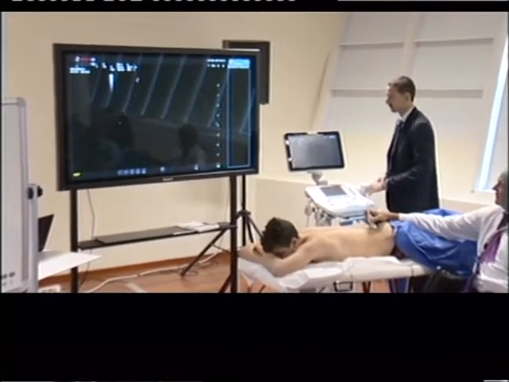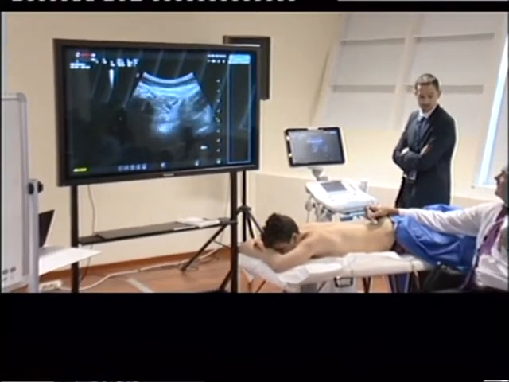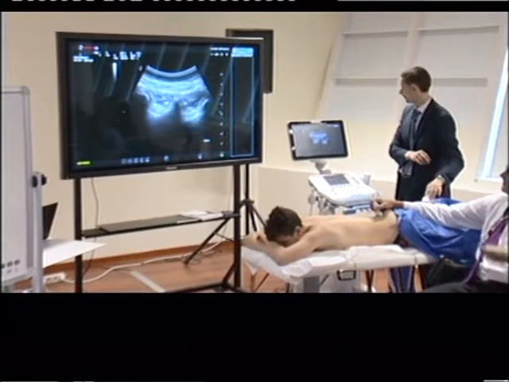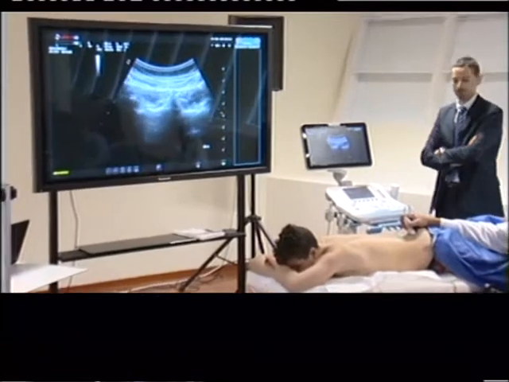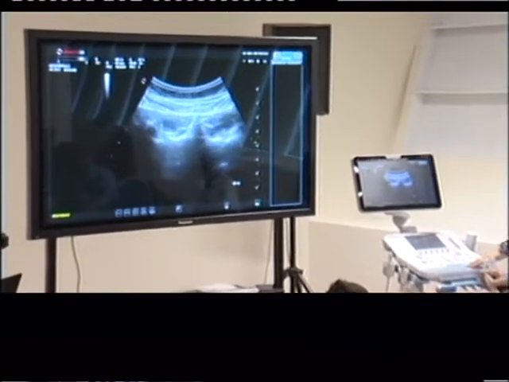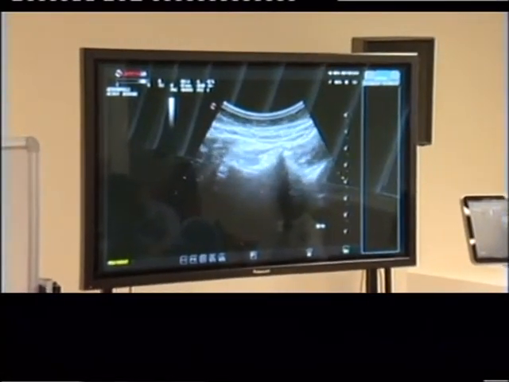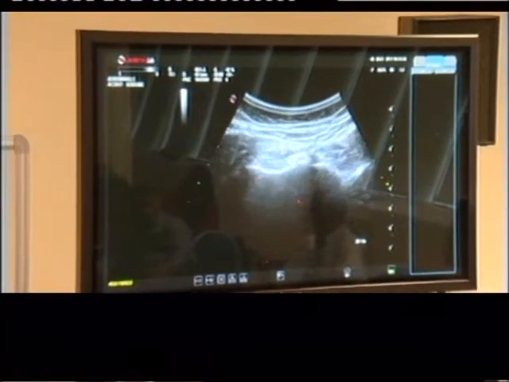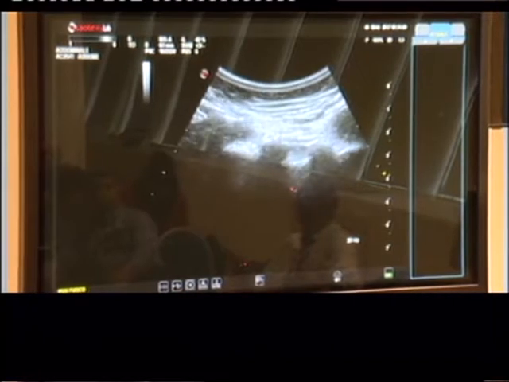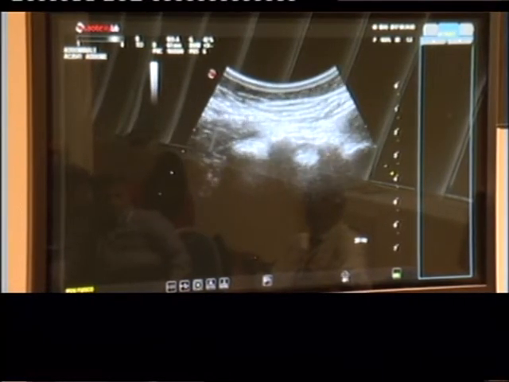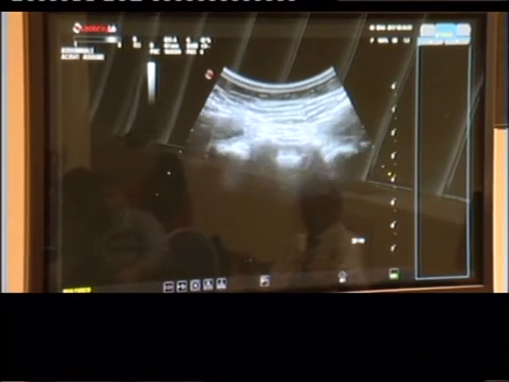Okay, we can unfreeze. So now I'm going to go down, and as I go down, we have one. Then you're going to see, as I go down the sacrum, the hiatus. Lo iatto sacrale.